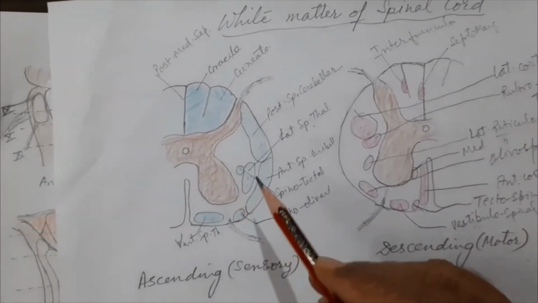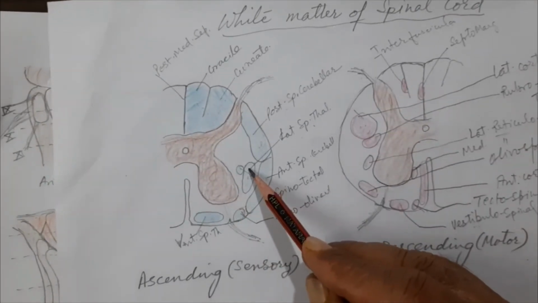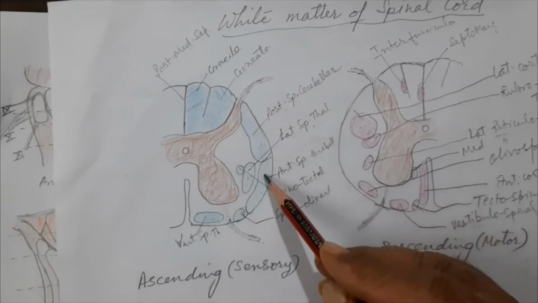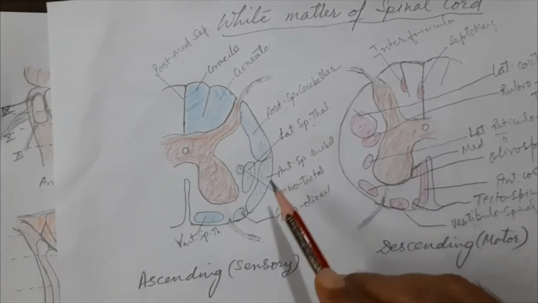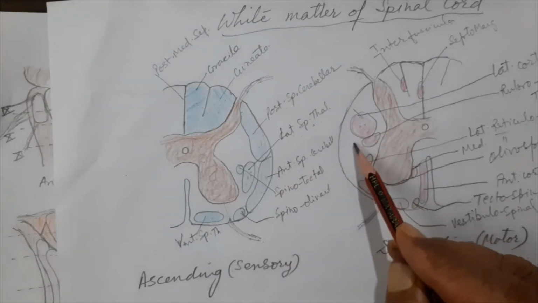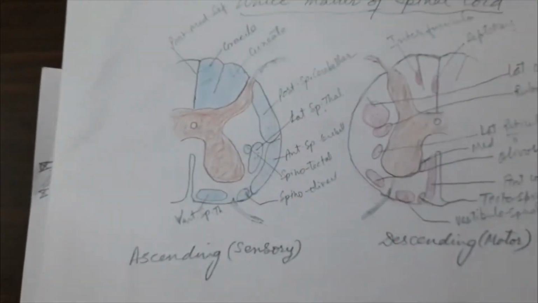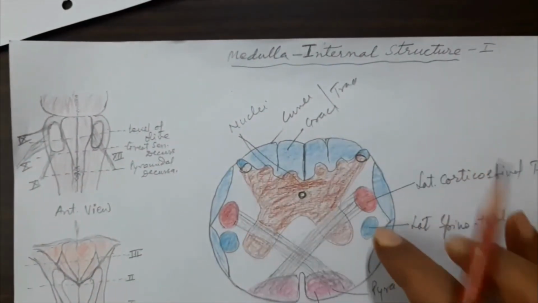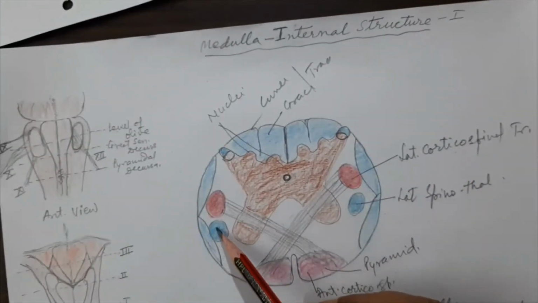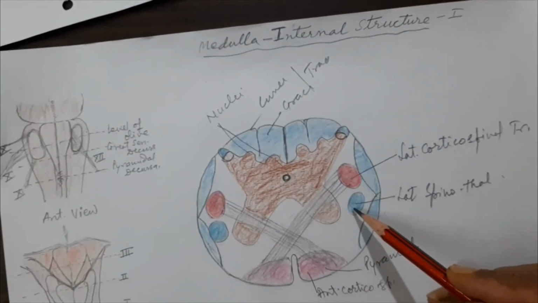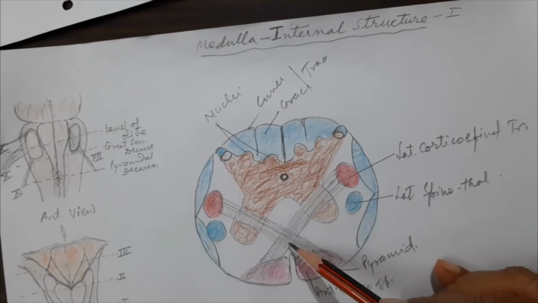This sensory tract is very close to the lateral corticospinal tract. Since I have represented the motor and sensory in two separate diagrams, but they lie close to each other, here they are lying close to each other in the lower part of the medulla, at the level of the pyramidal decussation.